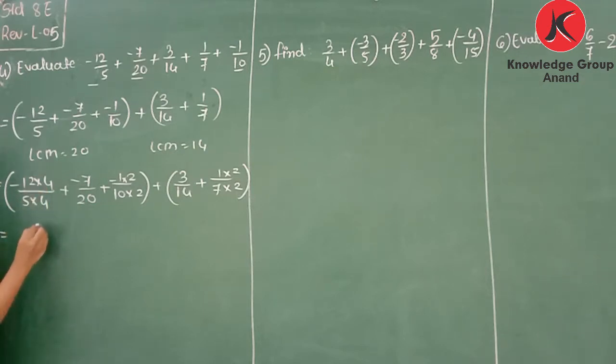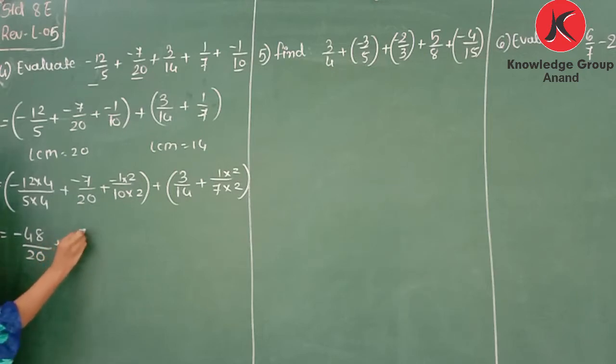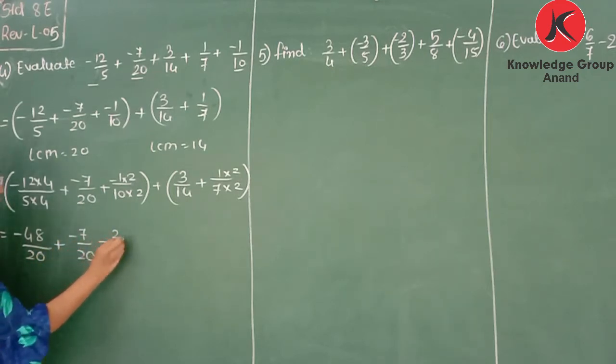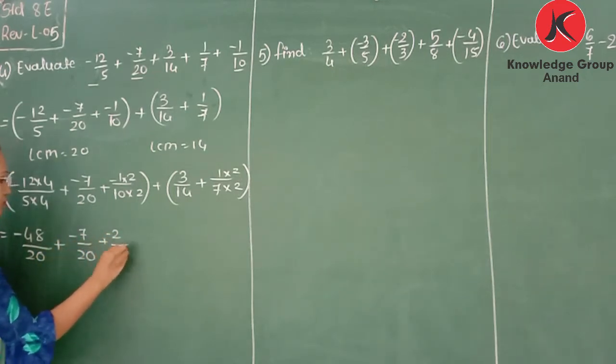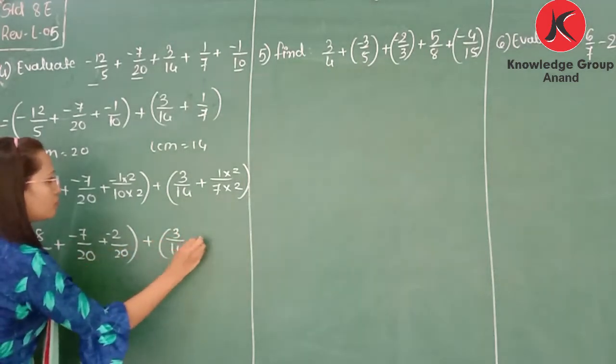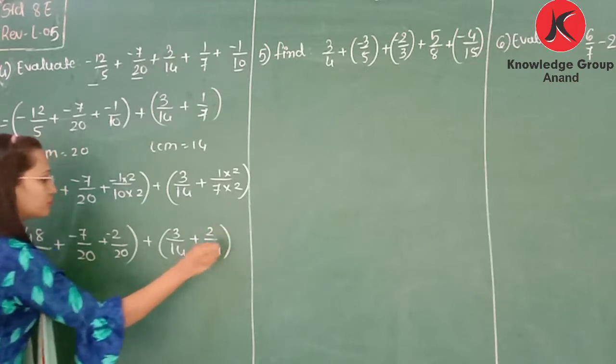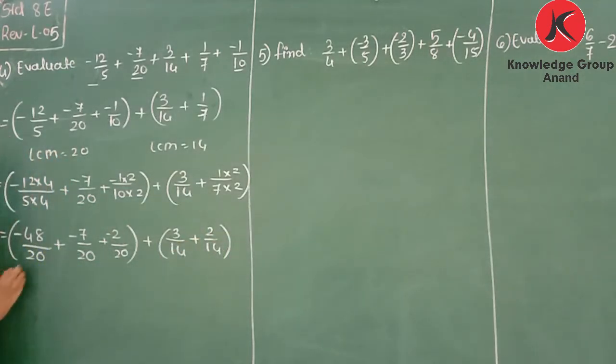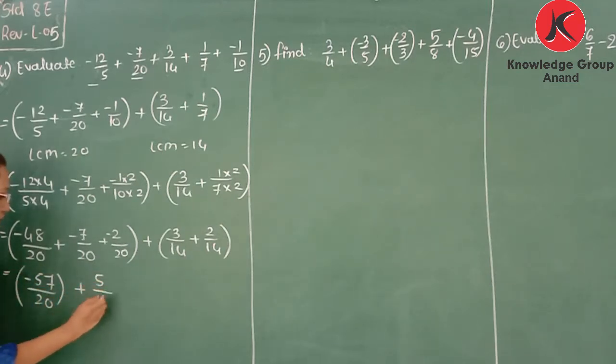Now 12 fours are 48, minus 7 by 20 and minus 2 by 20, plus 3 by 14 plus 2 by 14. So now minus 48, minus 7 and minus 2, so it is minus 57 by 20 plus 5 by 14.